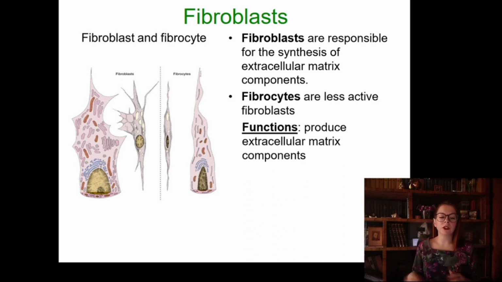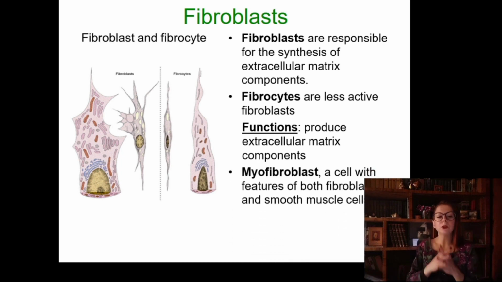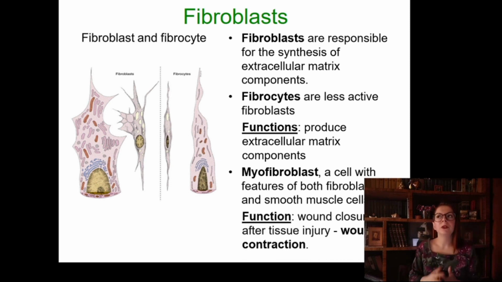Their function is to produce all the components of the extracellular matrix, and we also have to mention that among them there are some myofibroblasts. These are cells with contractile properties on the one hand and fiber-producing activity on the other hand. Their function is to assist in the wound healing process.